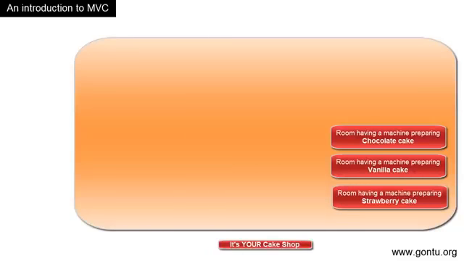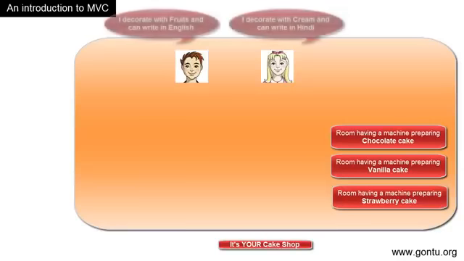You have 2 employees who have a skill set of how to decorate a cake in a specific way. Say one person specializes in writing a greeting message on the cake in English language and can decorate it further with fruits. The other can write a greeting message in Hindi language and can decorate it further with cream.